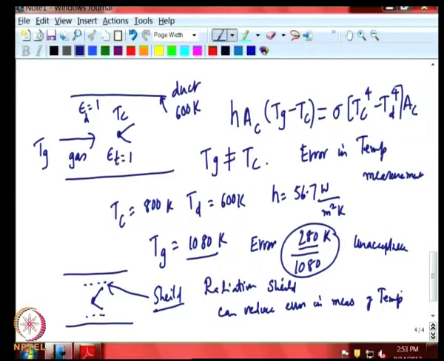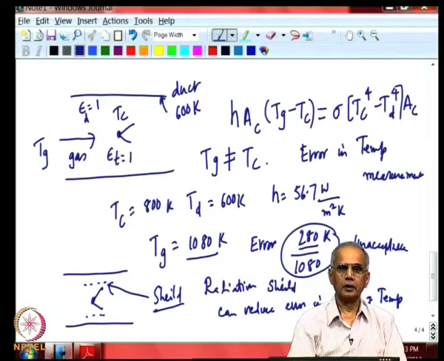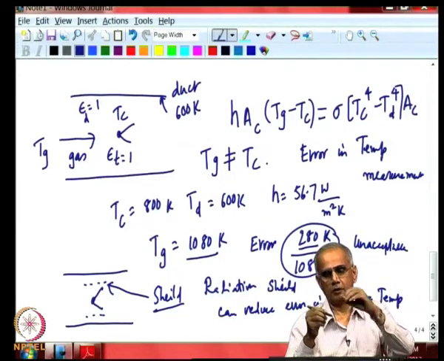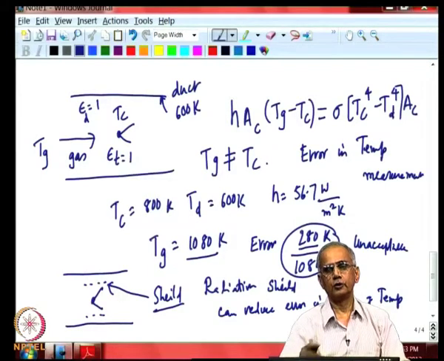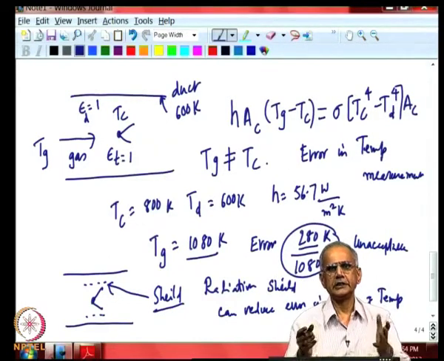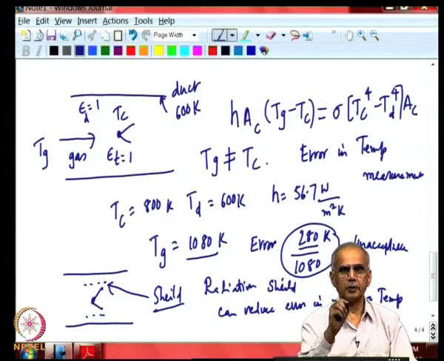As a matter of fact, in meteorology, where temperatures are routinely measured outdoors, one of the sources of error is the fact that sunlight might directly fall on the thermocouple or on the thermometer. So, you tend to either shield the thermometer or provide a special enclosure, which is really a shield, inside which the thermometer is kept.